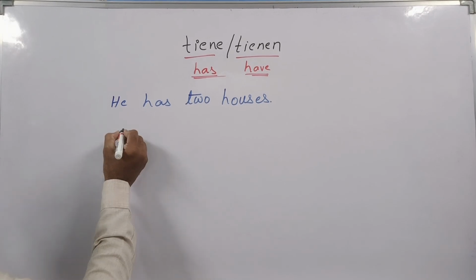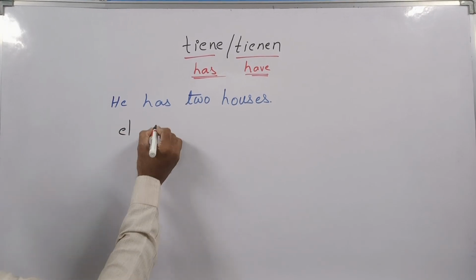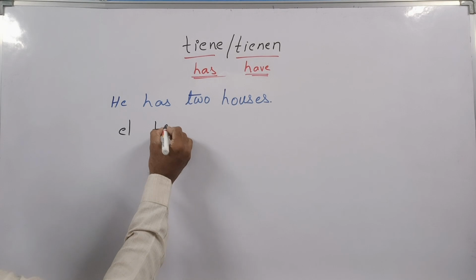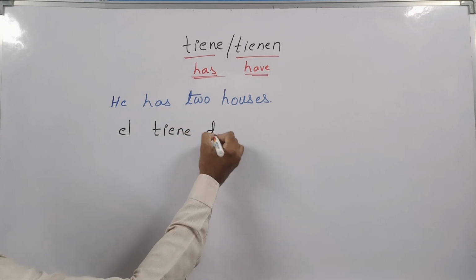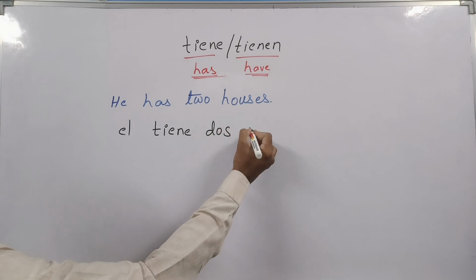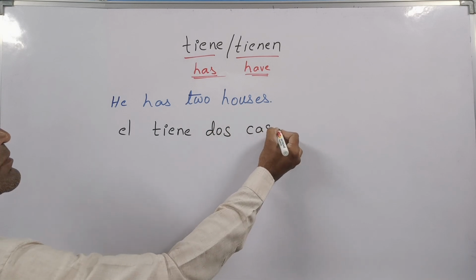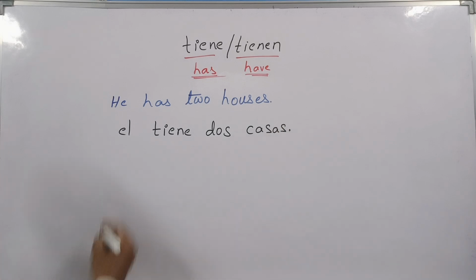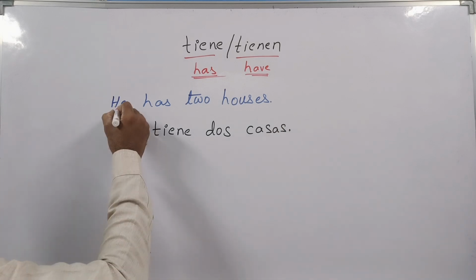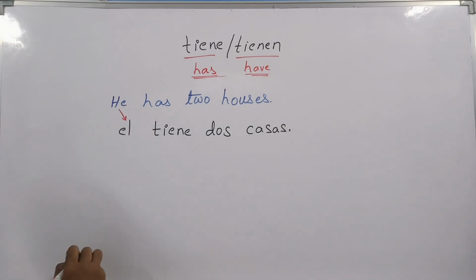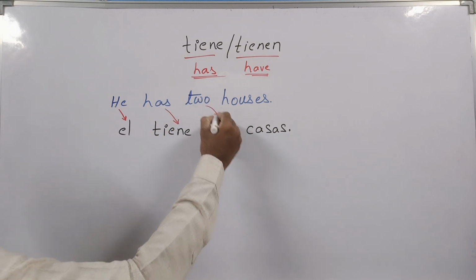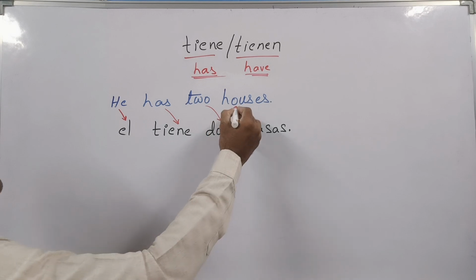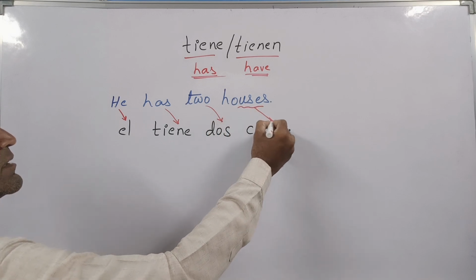We can write this: él tiene dos casas. Dos casas. Here, él means he, tiene means has, dos means two, casas means houses.